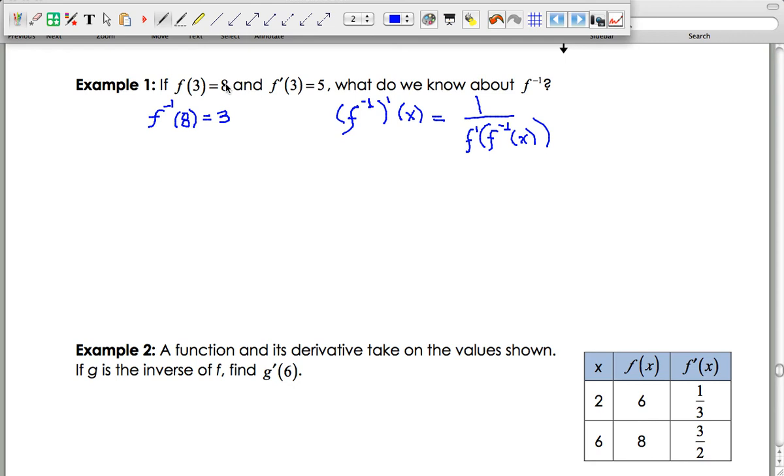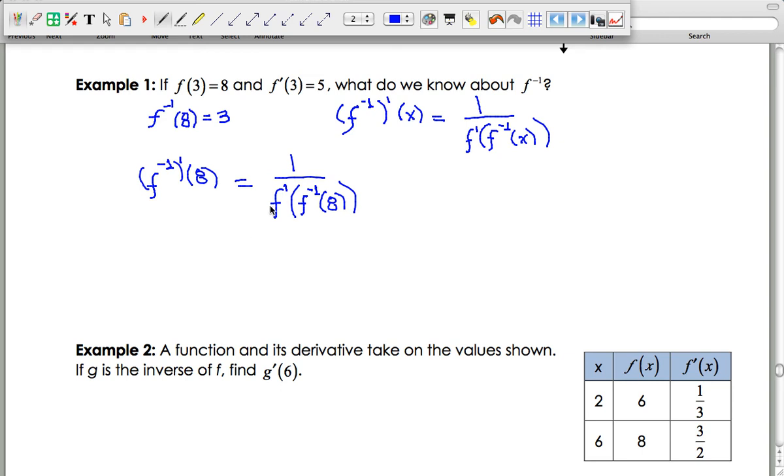In this case, our x would be 8. The derivative of our inverse function at 8 should be nothing but 1 over the derivative of our main function assessed at our inverse function at 8. Bit tricky, hey?